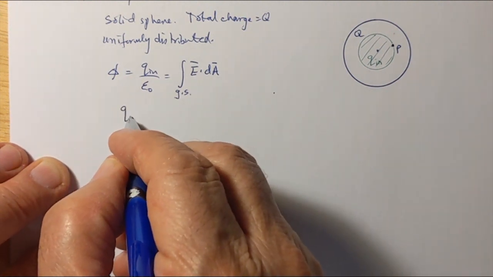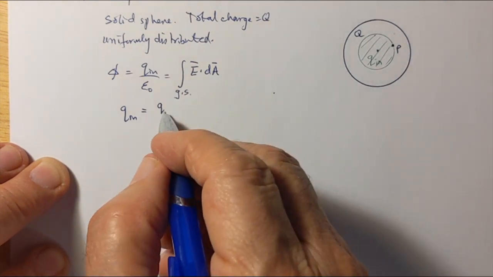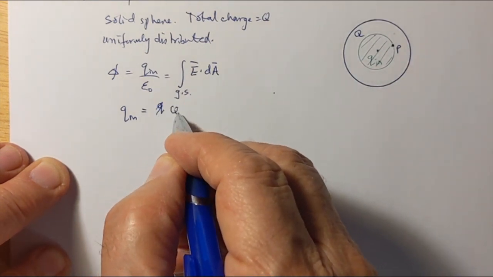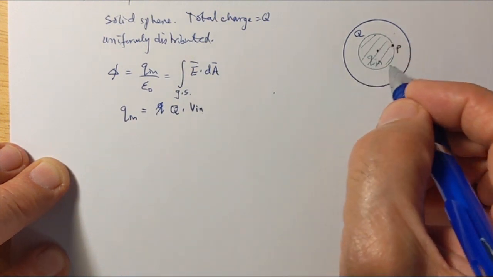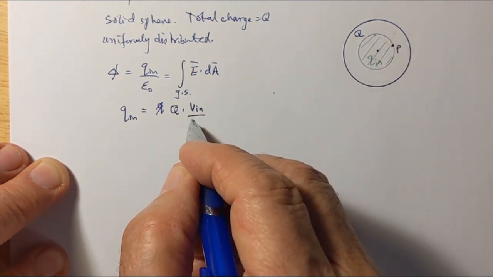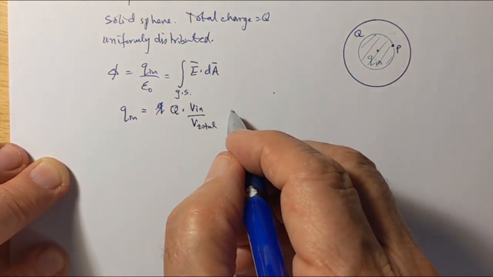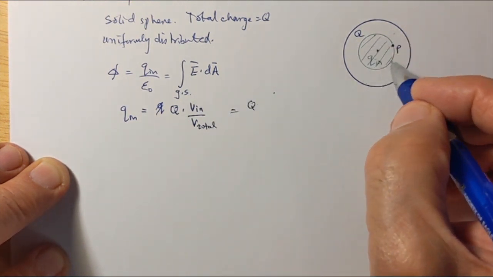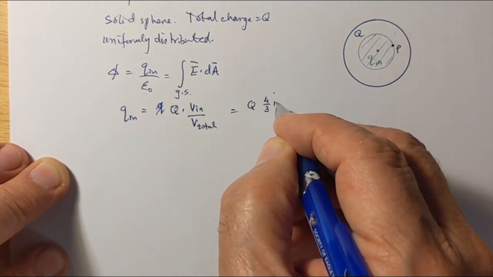So we can see that q in, if the charge is uniformly distributed, is going to be equal to the total charge times the volume of this Gaussian volume over the total volume, which is going to be q. Now the volume of a sphere is 4 by 3 pi r cubed, so it's 4 by 3 pi.